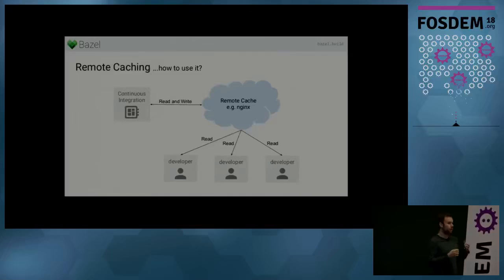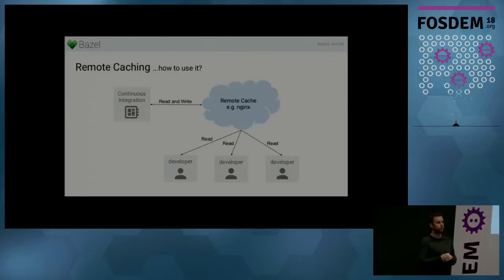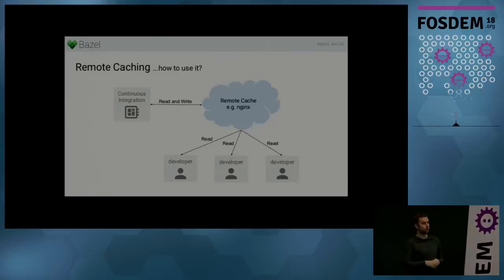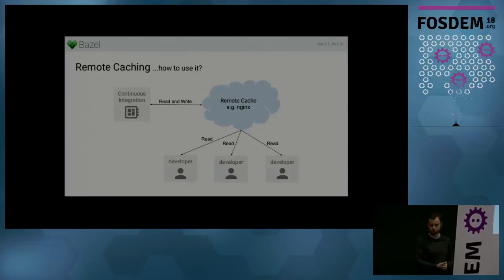And so your following pull requests and so on get a lot faster because they really only need to build what has changed in this pull request and not the 95 other things.